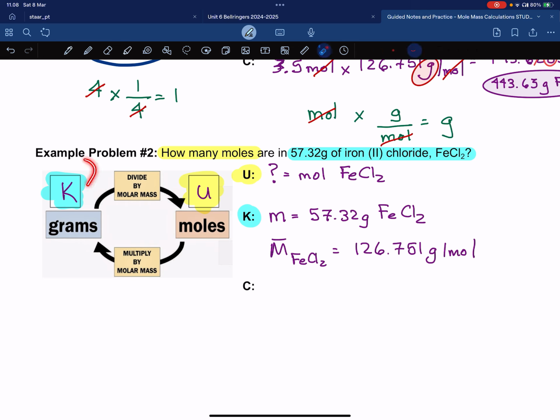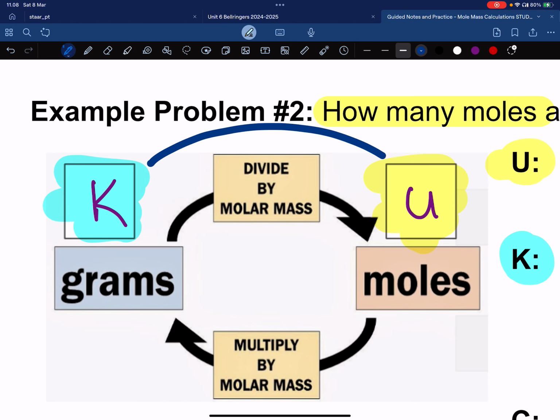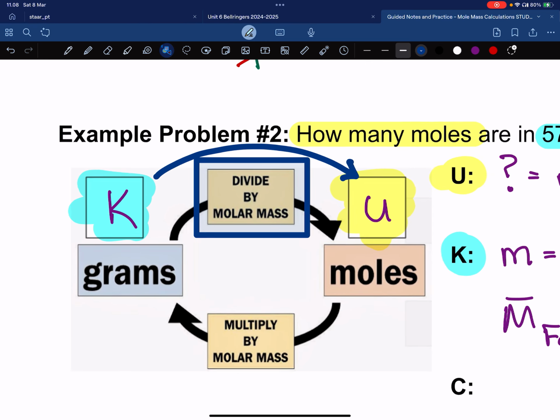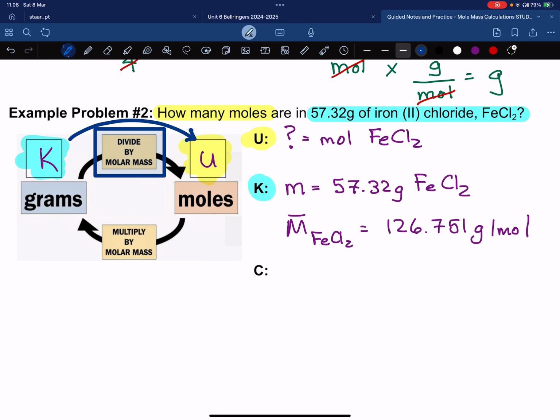We're going from known to unknown, which means we're taking the top road, the high road. The high road has us dividing by molar mass. So when we do the calculation, we start with grams, 57.32 grams, and we divide by drawing a line under it.